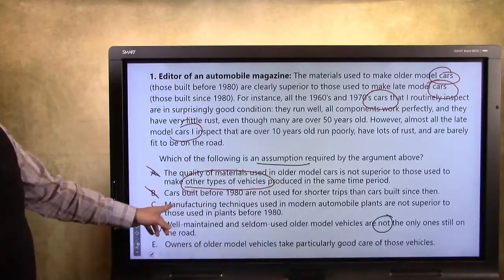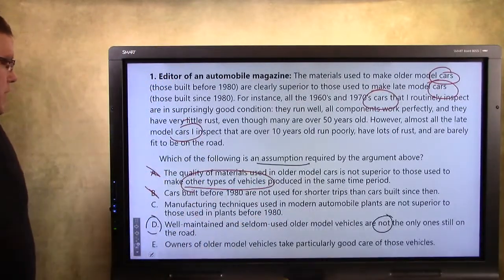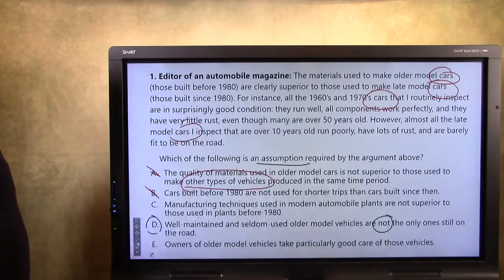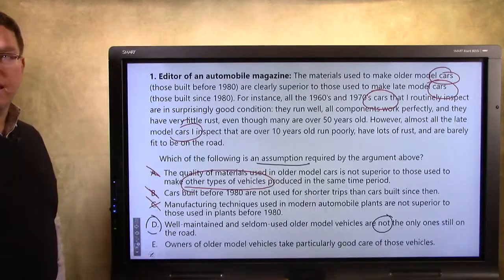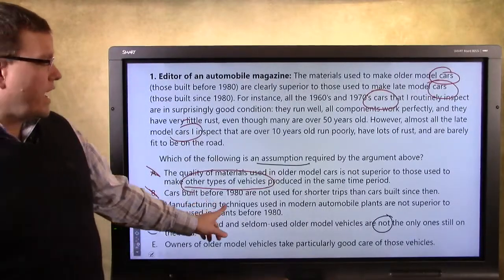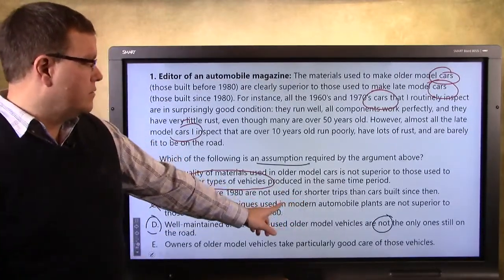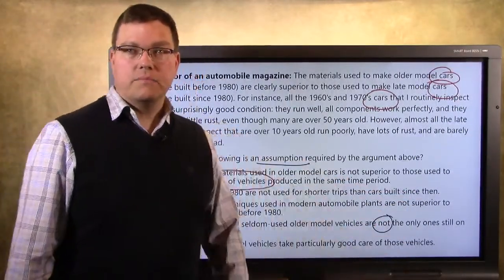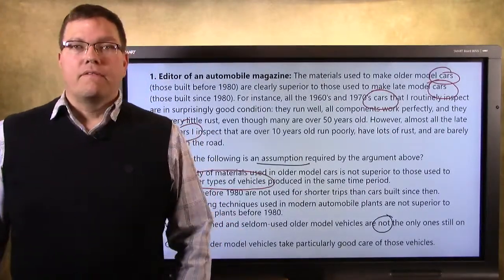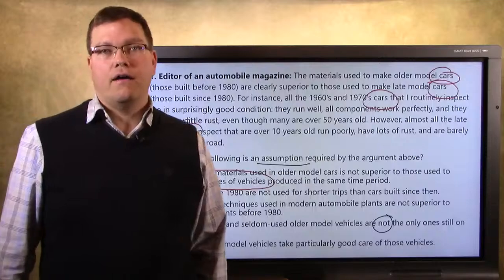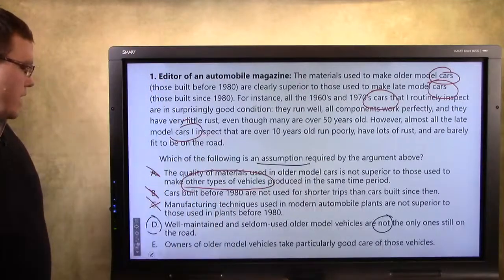Answer choice C, manufacturing techniques are not superior to those used in plants before 1980. Answer choice C goes the wrong direction, guys. If manufacturing techniques used in modern automobile plants are not superior, right, to those used in plants before 1980, this would help you to have the cars stick around.